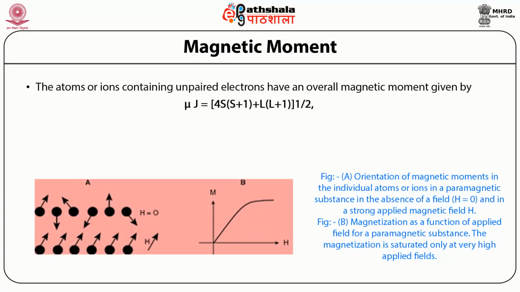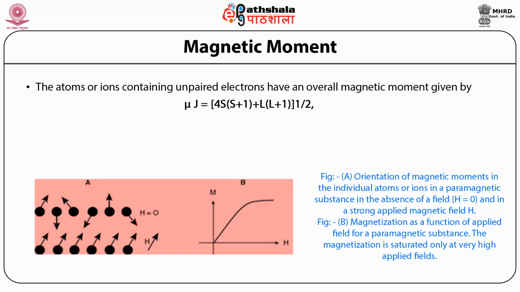The atoms or ions containing unpaired electrons have an overall magnetic moment given by mu J equal to [4S(S+1) + L(L+1)]^1/2, where S and L are the spin and angular momentum quantum numbers respectively, and J is the total quantum number resulting from the coupling of the spin and orbital angular momentum.